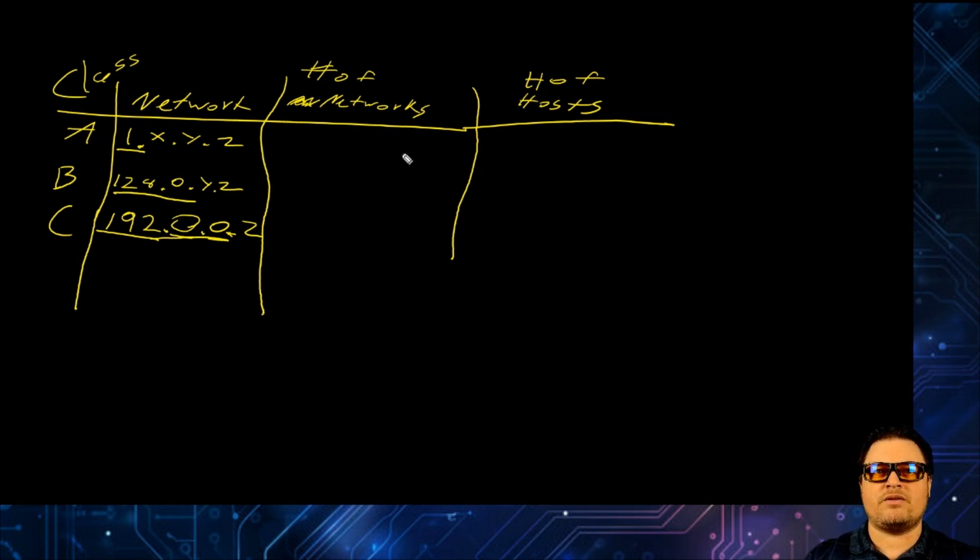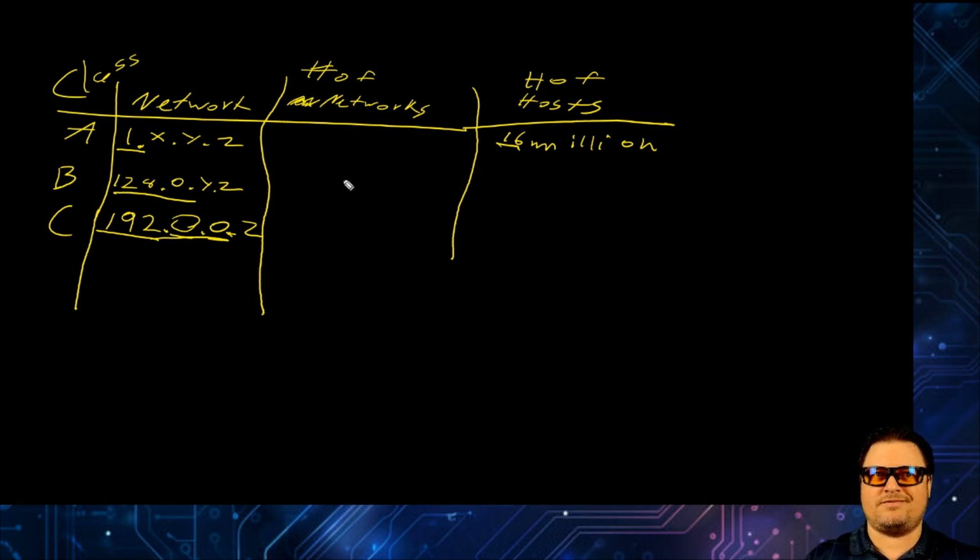Class A will have the most number of hosts at 16 million hosts. In fact, you'll need to know this for your test: 16 million hosts for Class A. They'll say something like, how many hosts can Class A have?